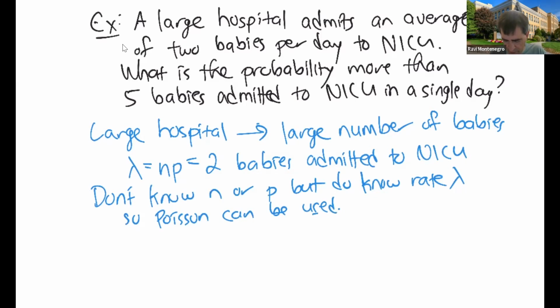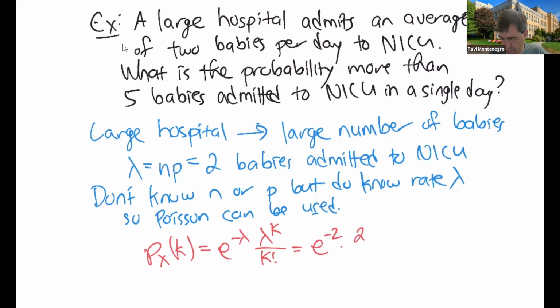So the Poisson formula, as we've seen a few times, will be e to the minus lambda, lambda to the k over k factorial. Lambda was 2. And then I need to add this up from 0 to 5 in order to answer the question.